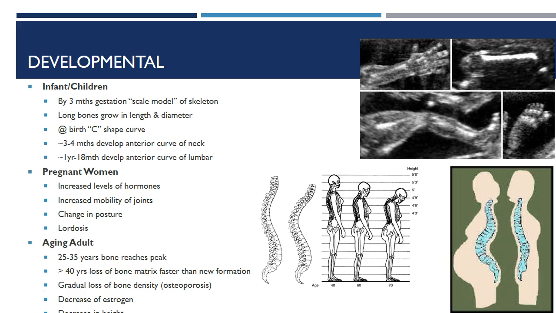And then when they are greater than 40 years of age, their bone matrix, they're losing bone faster than they're forming new bone. So they have more osteoclasts, basically, because they're consuming bones, than osteoblasts, which are forming bones. The estrogen decreases and their height decreases as well.